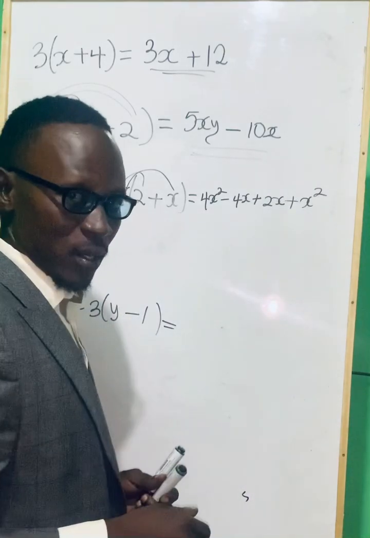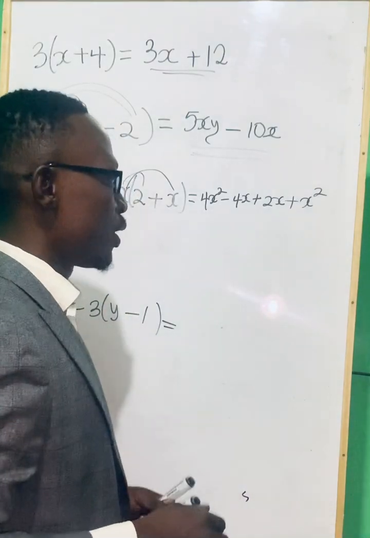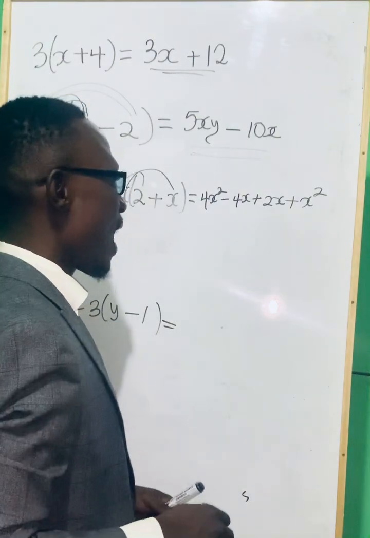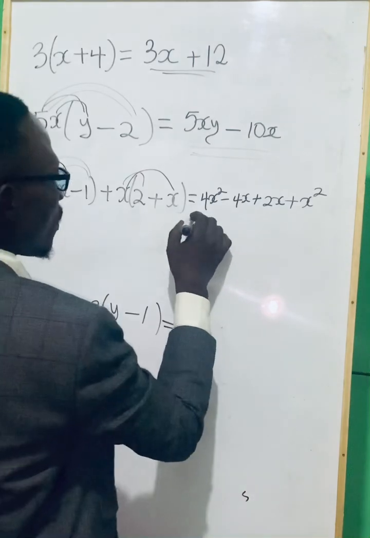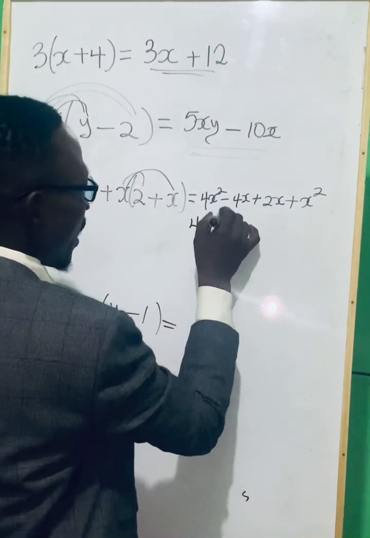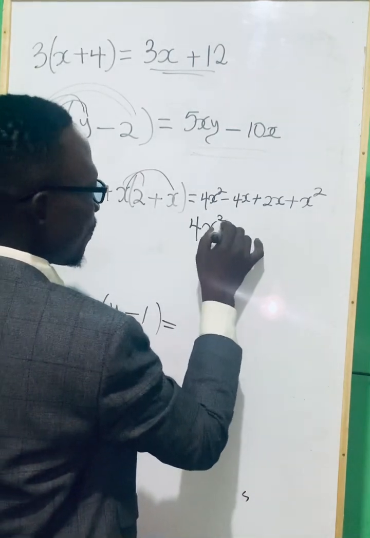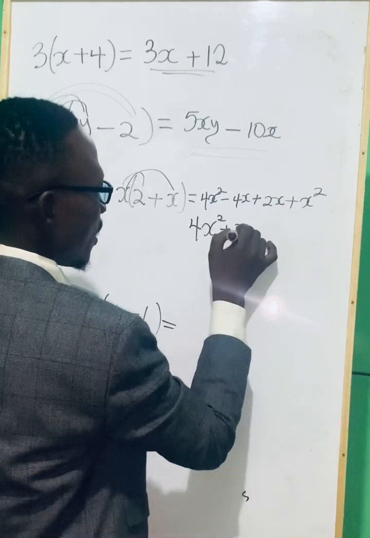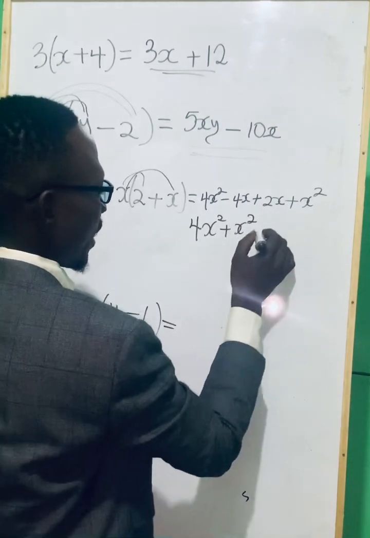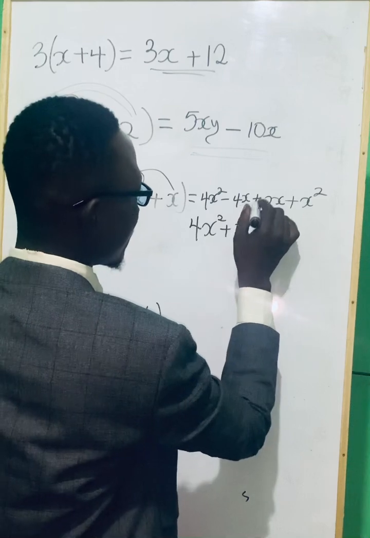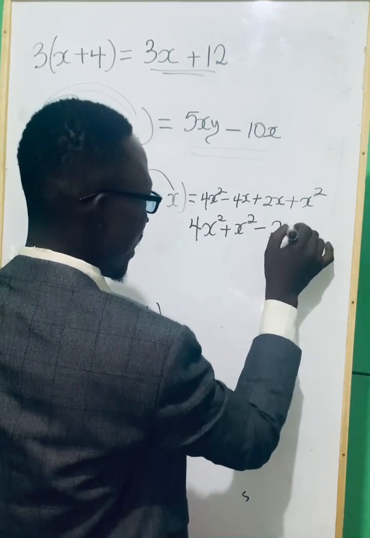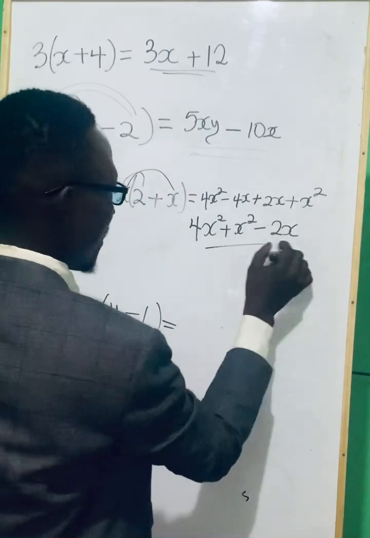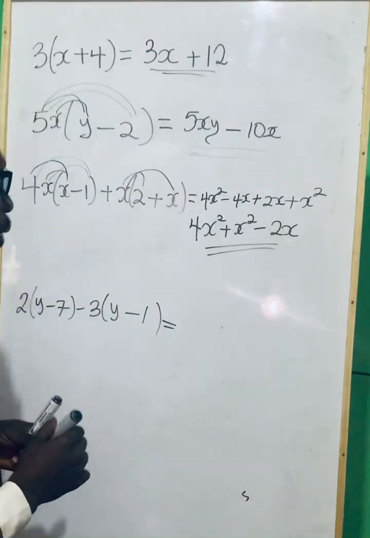So we have things that are common, and we can simplify by adding 4x squared to x squared, and minus 4x plus 2x is going to give us minus 2x, and that becomes the final answer for that one as well.